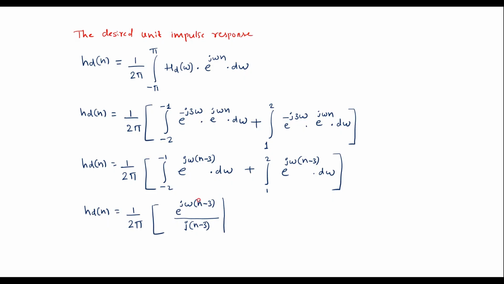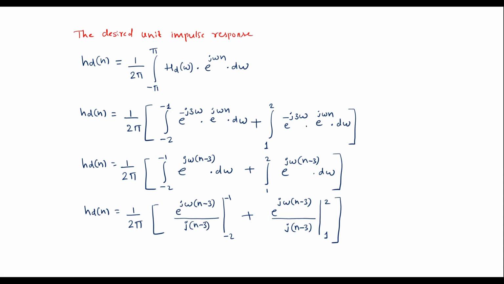To this we are supposed to apply the limits minus 2 to minus 1, plus for this integration it is also the same, e power j omega (n minus 3) divided by j (n minus 3). For this the limits are 1 and 2. Close the bracket.